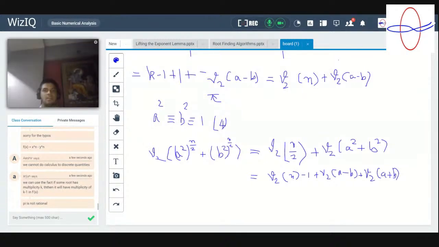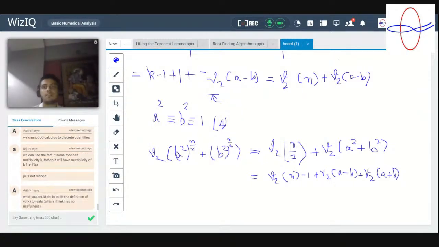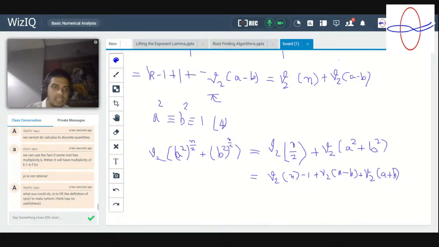Exactly. So at best, you can extend this to the rational numbers, but yeah. So you will have to find a sane way to lift the definition of VP to reals before being able to use differentials and integrals.